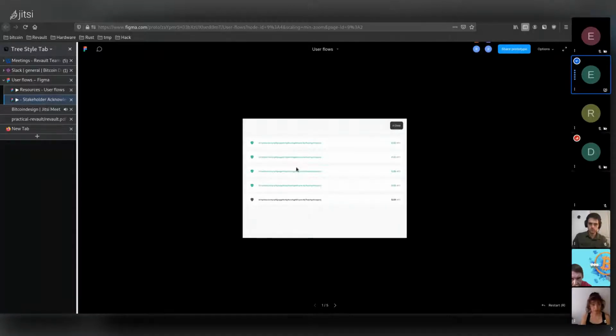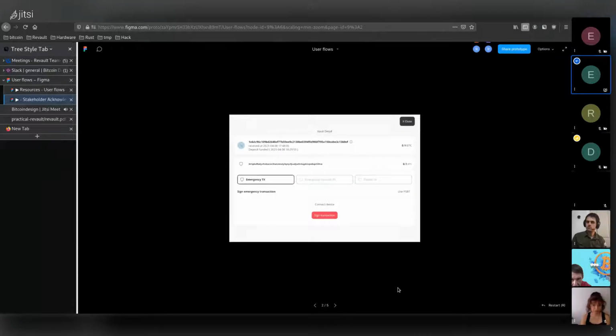For example, you have in green the one where the stakeholder signed the emergency transaction, and in black the one where there is no emergency transaction signed. So you have this step where the user has to sign the revocation transactions. The revocation transactions are the transactions that can spend the unvault transaction and send it back to the stakeholder.